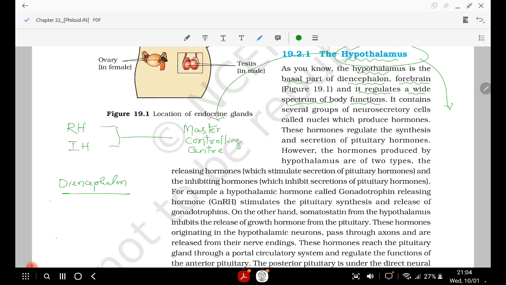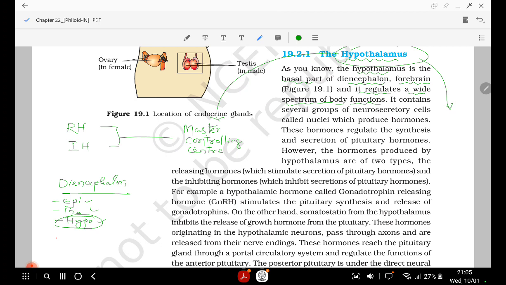In the diencephalon, we will see epithalamus, thalamus, hypothalamus. So hypothalamus now we are studying here. Hypothalamus is a part of diencephalon, and that diencephalon is a part of forebrain, regulates wide spectrum of body functions that I said.